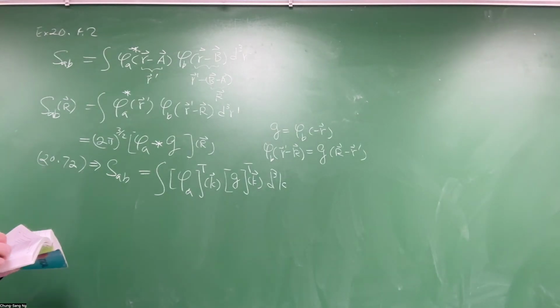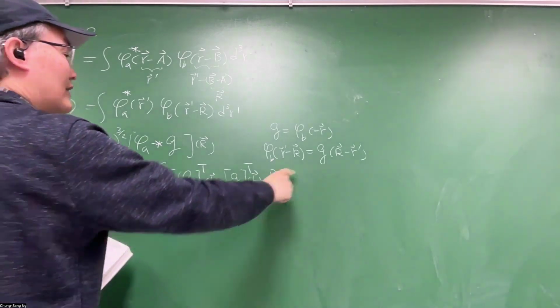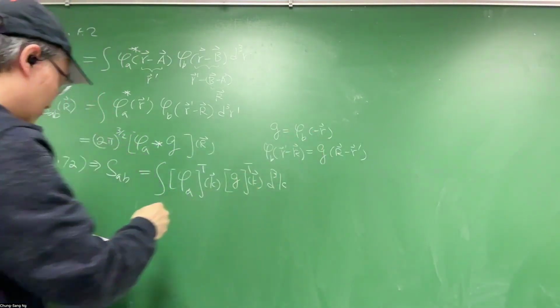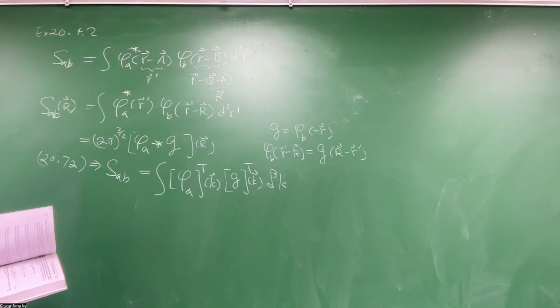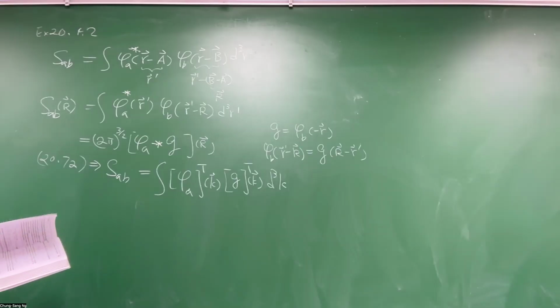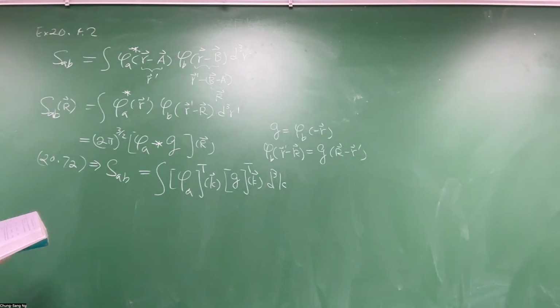The final step is that because we define g by changing the argument, basically the negative argument, we use one of the properties of the Fourier transform that we derived, at the beginning of 20.3.